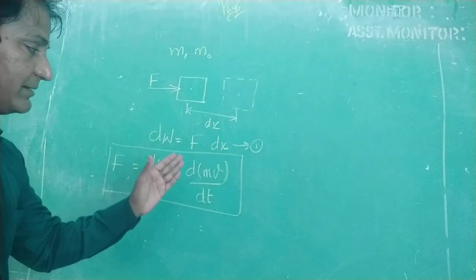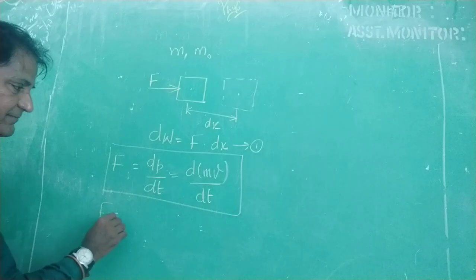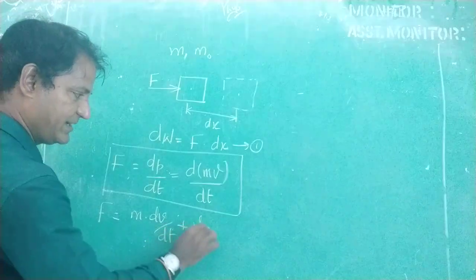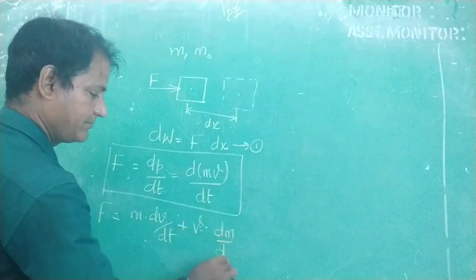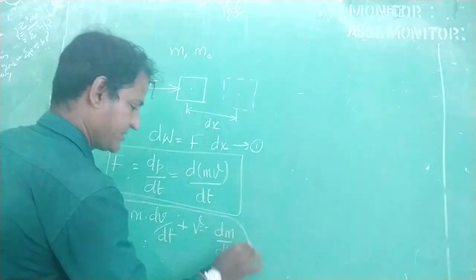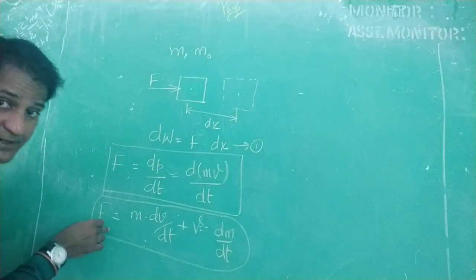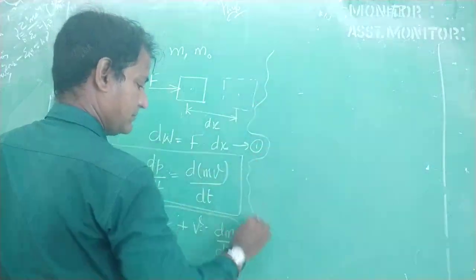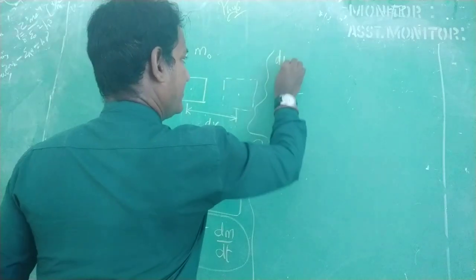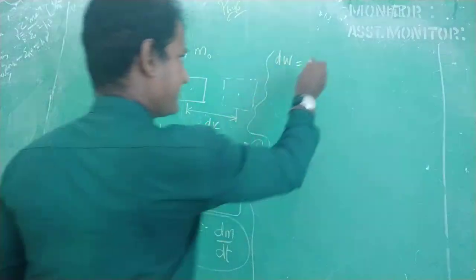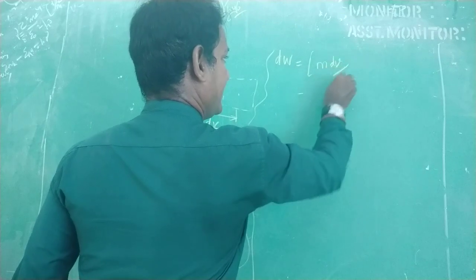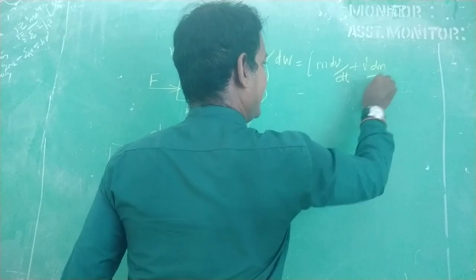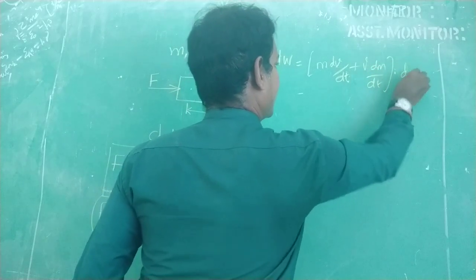Let me differentiate this equation. F is equal to m into dv by dt plus v into dm by dt. So let me substitute the value of force after differentiating it in equation 1. dW is equal to, in place of F, m dv by dt plus v dm by dt, into dx.